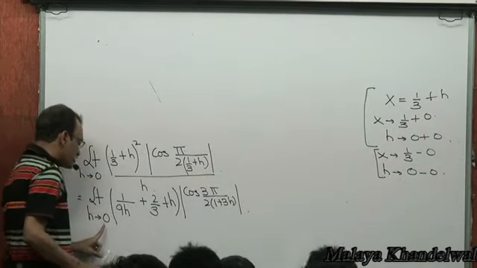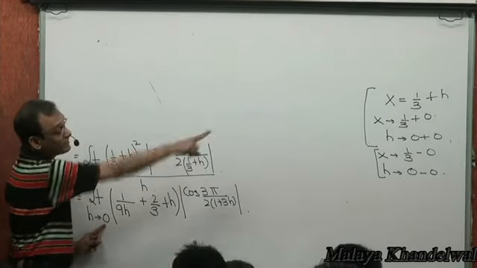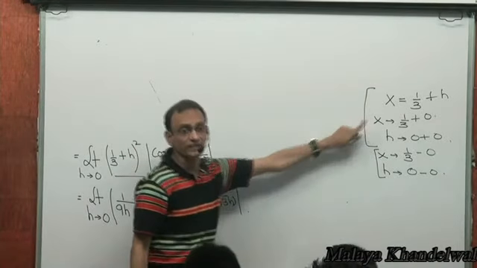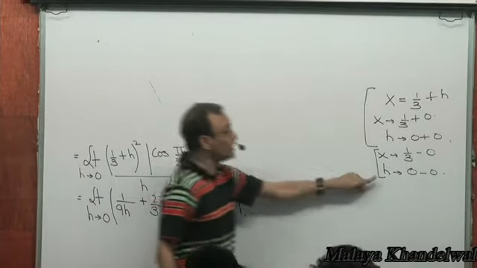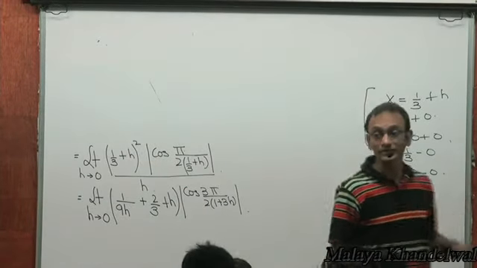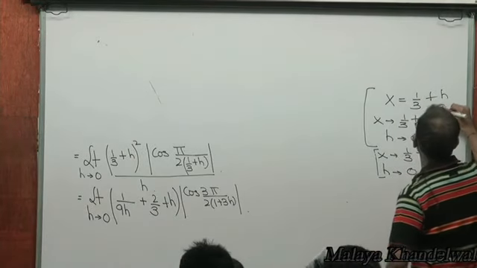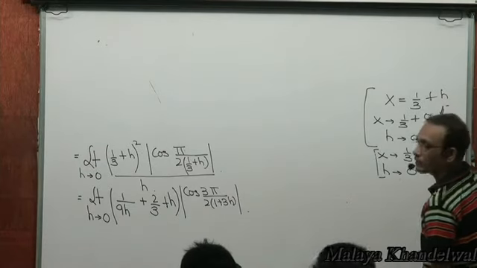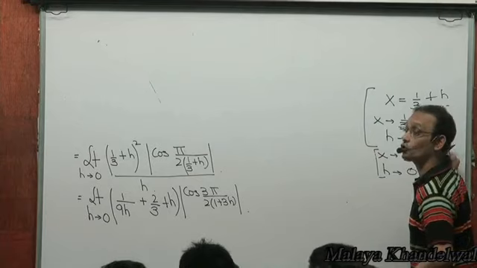So h tending to 0 from the greater than 0 side would give me the right hand derivative at 1/3, while h tending to 0 from the less than 0 side will give me the left hand derivative at 1/3. Let me find, let's say, the right hand derivative at 1/3, where as x tends to 1/3 from the greater side, h tends to 0 from the greater than 0 side.